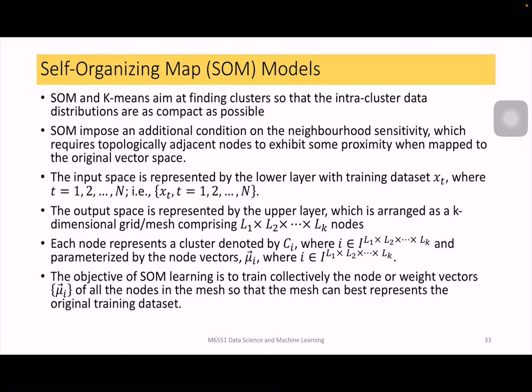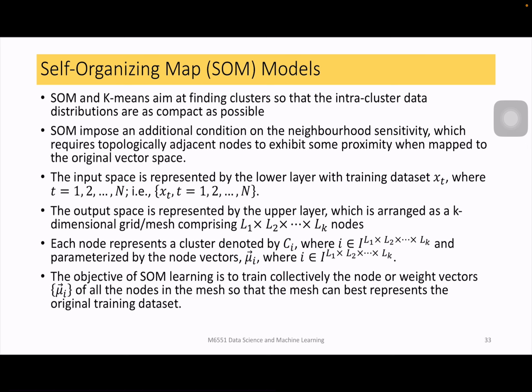The input space is represented by the lower layer with the training data set xt where t equals 1, 2 to n. The output space is represented by the upper layer, arranged as a k-dimensional grid mesh comprising L1, L2 to Lk nodes.